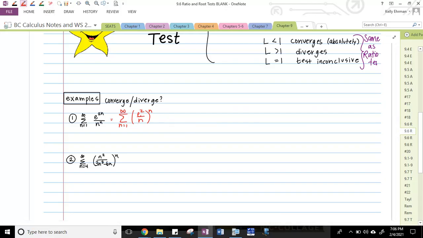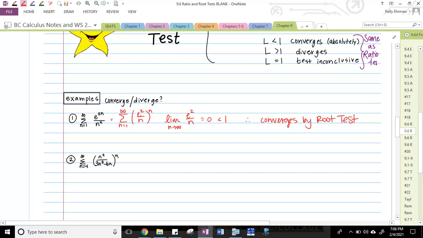So the next thing I want to do is look at the root test. The root test says just take the limit as n approaches infinity of the nth root of this expression. The nth root of something to the n is just the thing in parentheses. That's why we take the time to look at that. The limit as n approaches infinity of e squared over n is 0, and 0 is less than 1. So therefore, this converges by the root test.